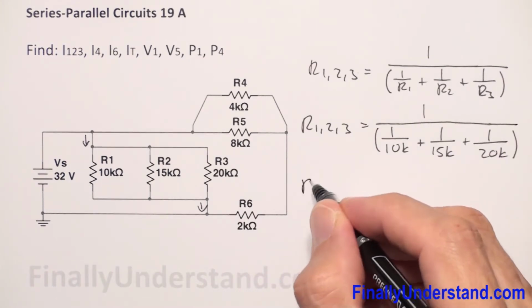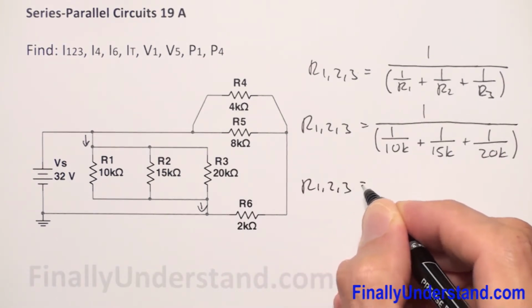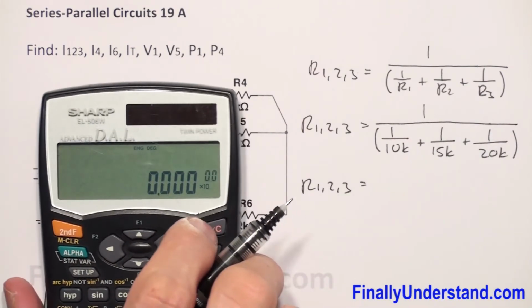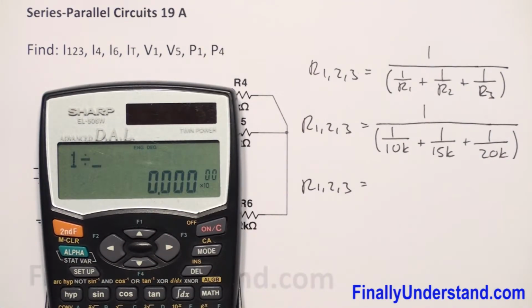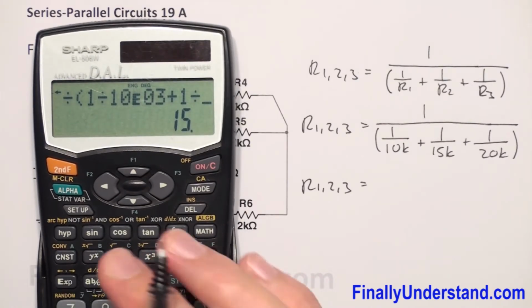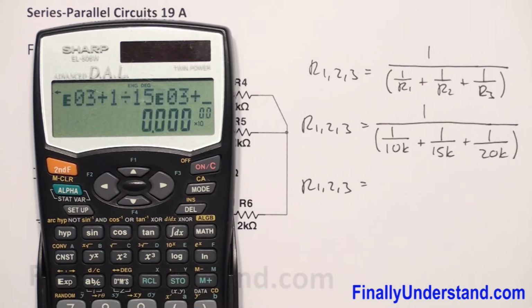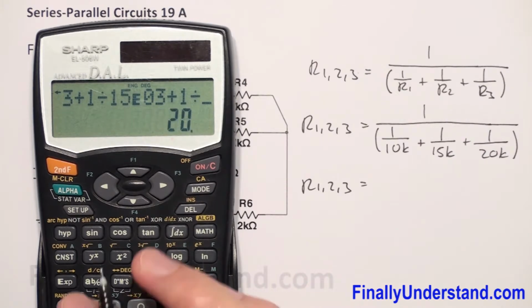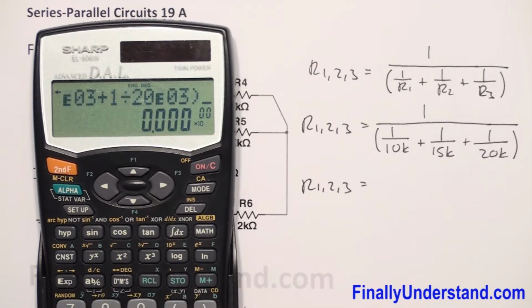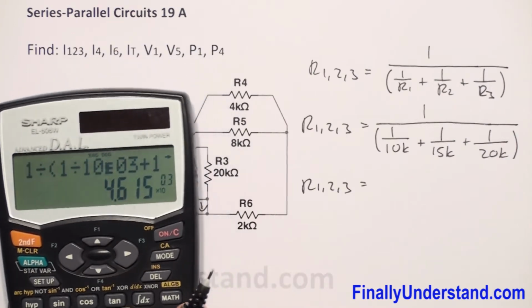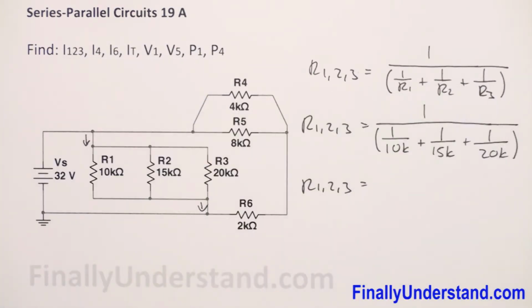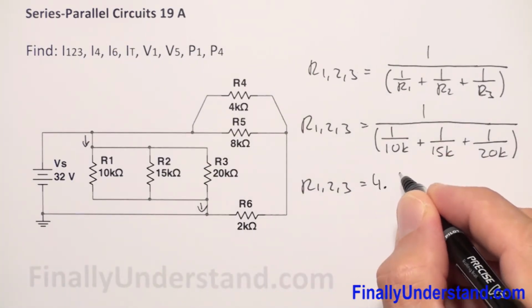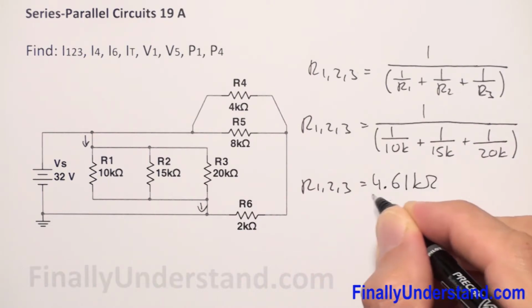So I have R1,2,3 is equal to 1 divided by, open parenthesis, 1 divided by 10 exponent 3 plus 1 divided by 15 exponent 3 plus 1 divided by 20 exponent 3, which is equal to 4.61 kiloohms.